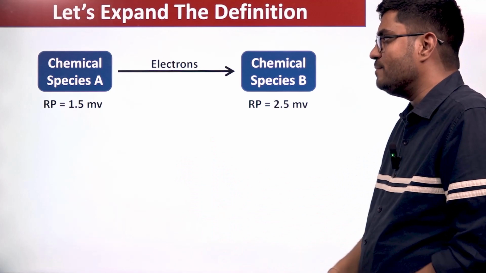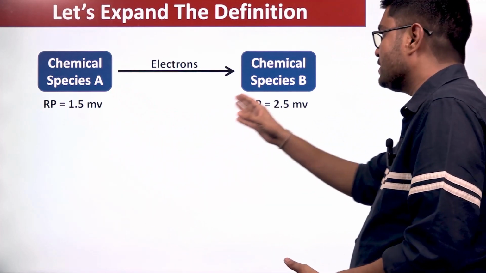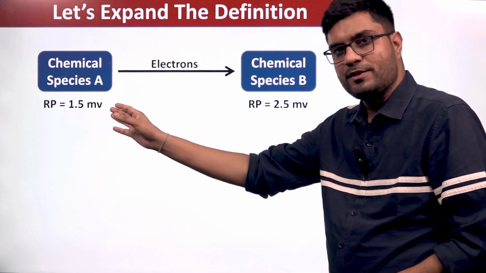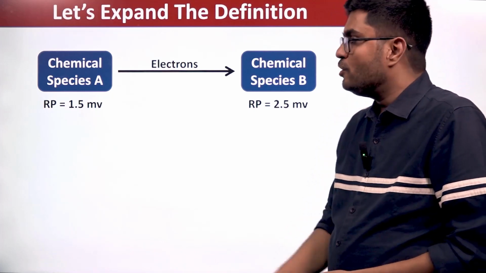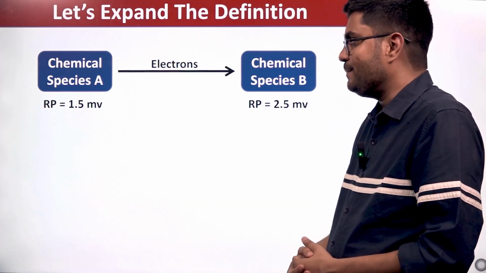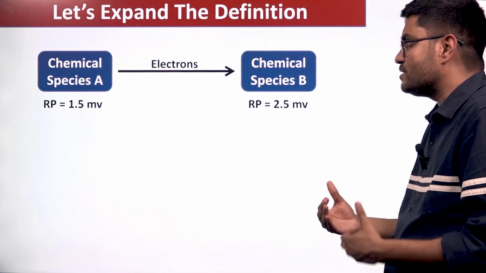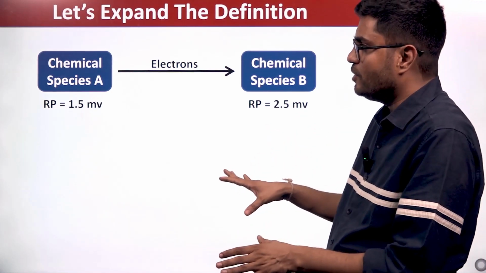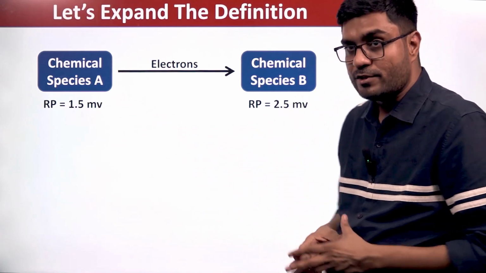So electrons will be transferred from species A to species B, from a lower value of reduction potential to a higher value, from a species which is less keen in keeping the electrons to a species which is more keen in keeping the electrons. So electrons will be transferred from low reduction potential to high reduction potential.